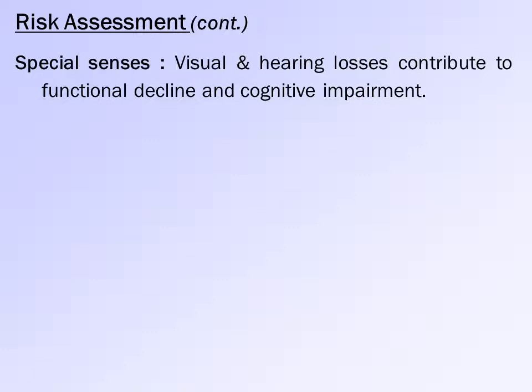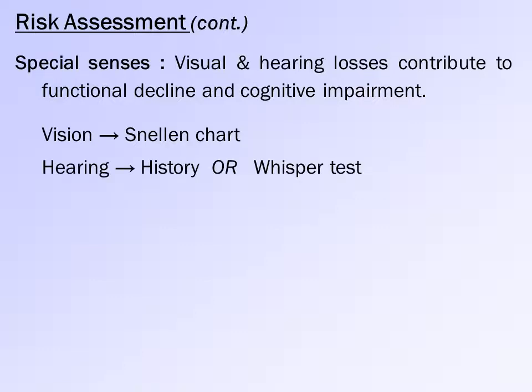Risk assessment also includes assessment of the special senses, as visual and hearing loss contribute to functional decline and cognitive impairment. Vision can be assessed by using a Snellen chart, and hearing by history or whisper test.